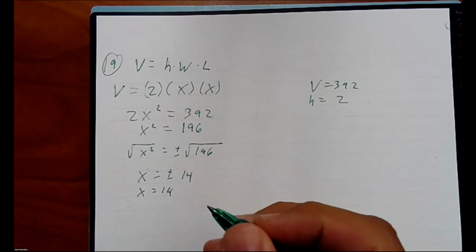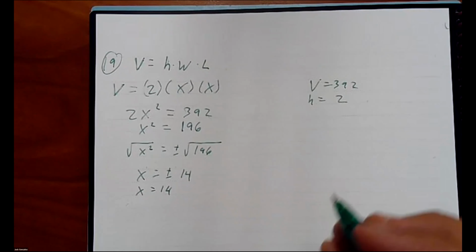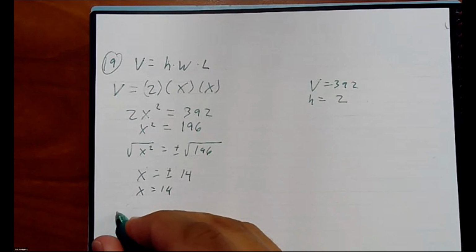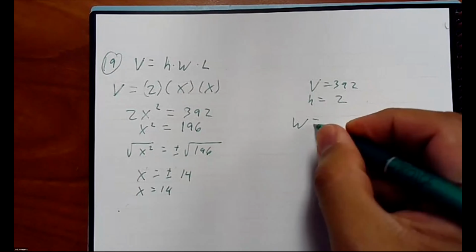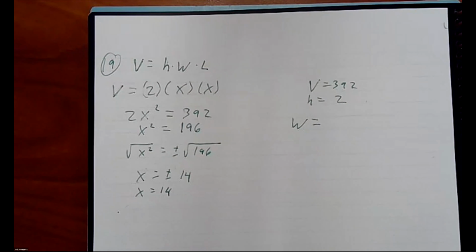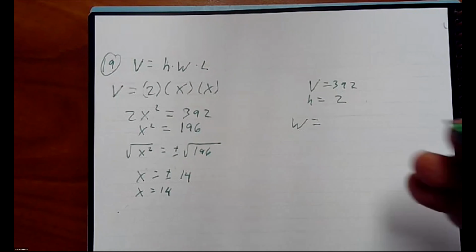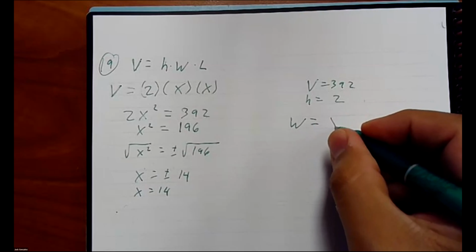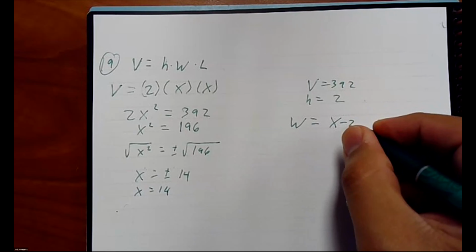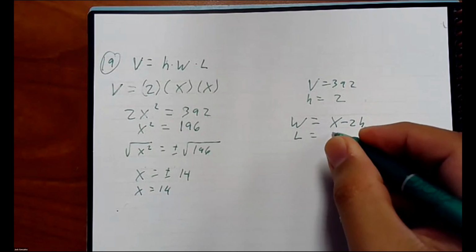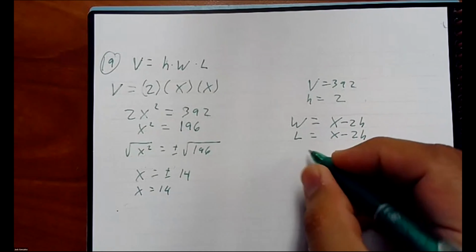So looking at that diagram, the width of the piece of material before they cut it into a box would be x minus 2h. Length would be the same. This is a square box.